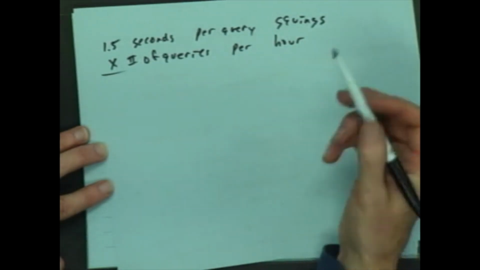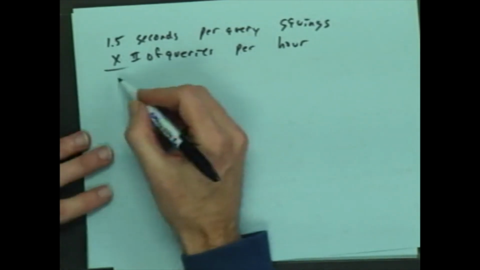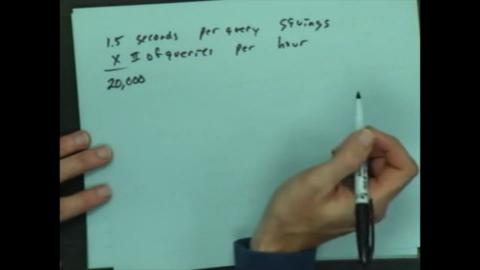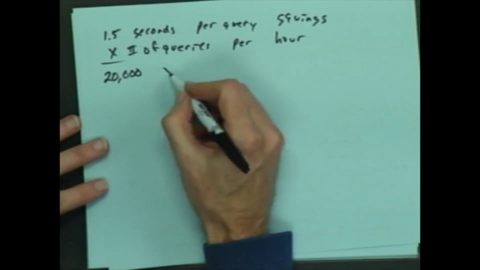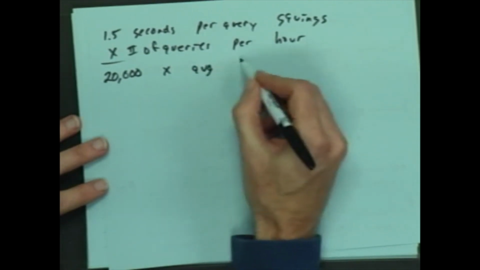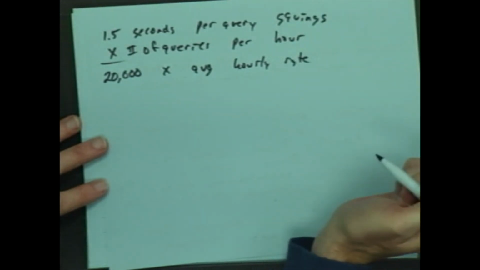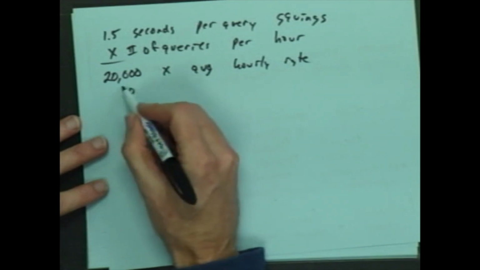How many times do people access basic websites? We might end up with, I don't know, 20,000. And then we multiply that by an average hourly rate. So what do our people get paid per hour? I don't know, let's say it's $10 an hour.